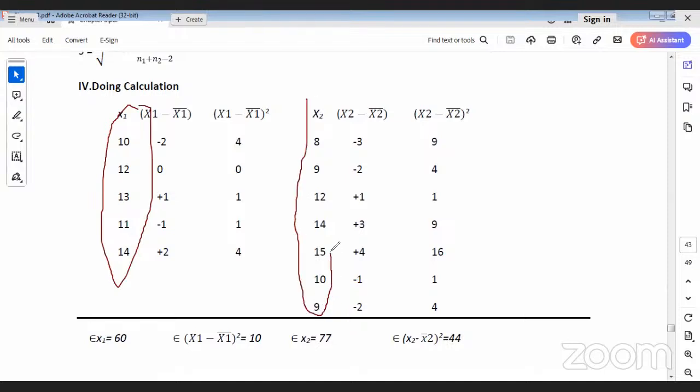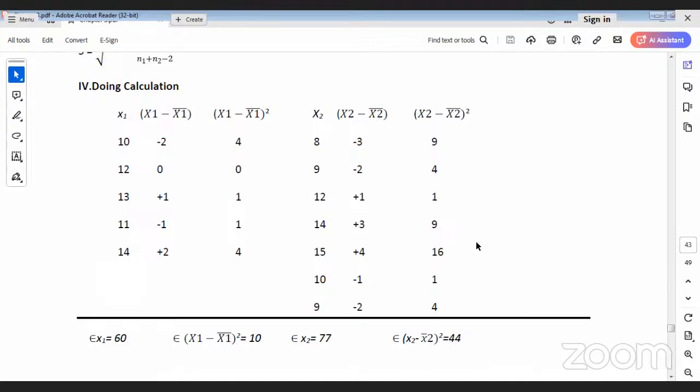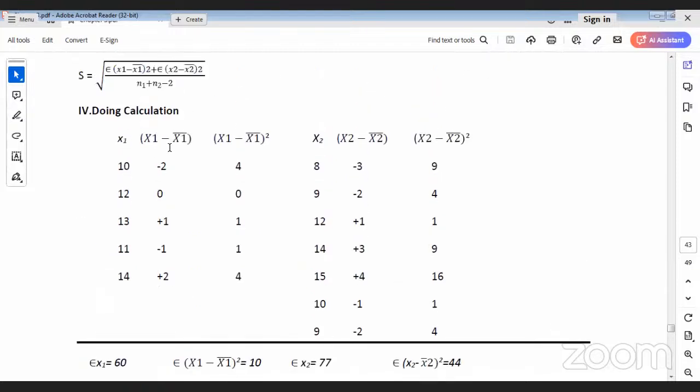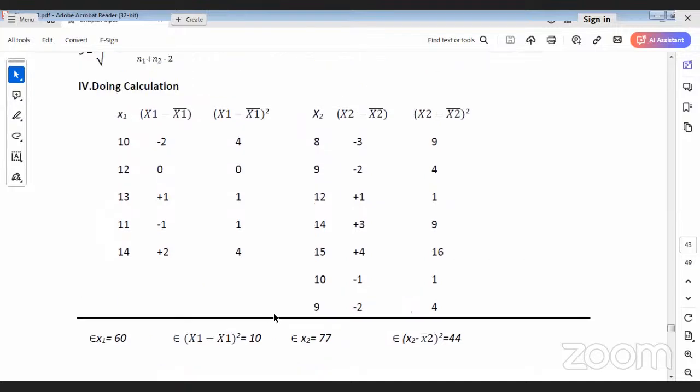These are the x2 values. x1 minus x bar 1. ఓకే చాలా జాగ్రత్త చూడండి. x bar is equals to sigma x1 by n, that is 60 by 5 is equals to 12. సో ఇక్కడ మనం x bar 12 రాసుకున్నాం, ఇక్కడ 11. So here 12.